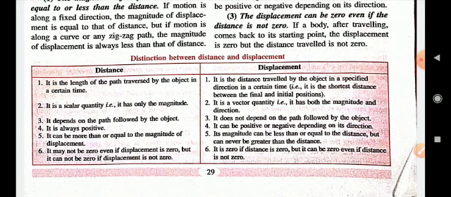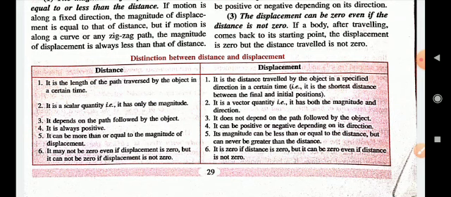Children, distance is a scalar quantity and displacement is a vector quantity, because distance has magnitude but not direction, and displacement has magnitude as well as direction.